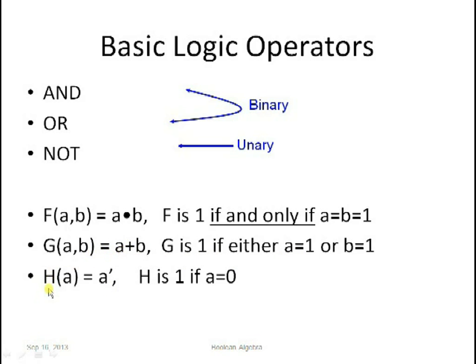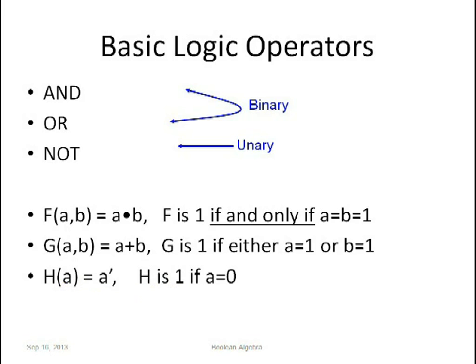Okay, and the third function for representing the NOT operator, h of a equals a complement, where this is the symbol used for representing the NOT operator, and it operates only on a single variable, so that is why it is called a unary operator. And the output of this function is 1 when the value of a is 0, and the output of this function is 0 when the value of a is 1. So complement.